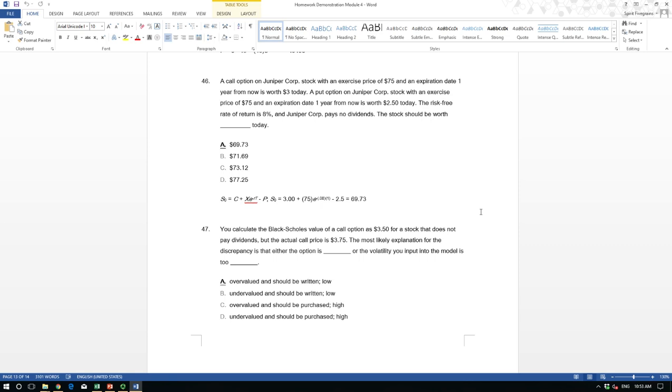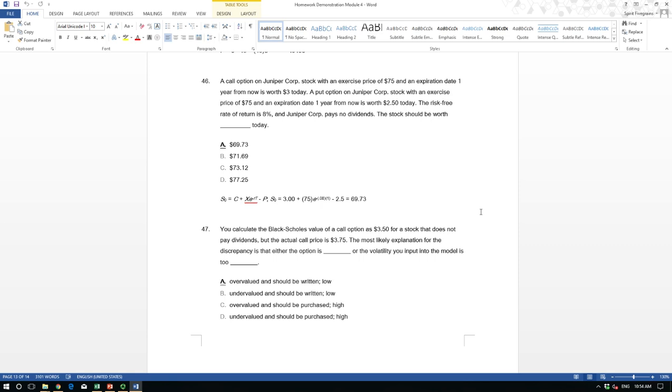Alright, so here you compare your price with the market price. One potential reason for the difference is your estimation of volatility is lower than what the market believes. So your volatility input is too low, right? So that leaves either A or B as the right answer.